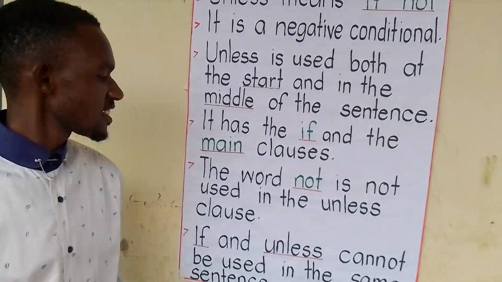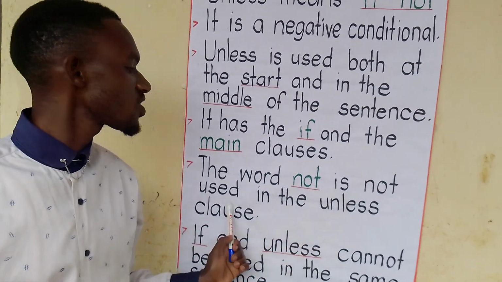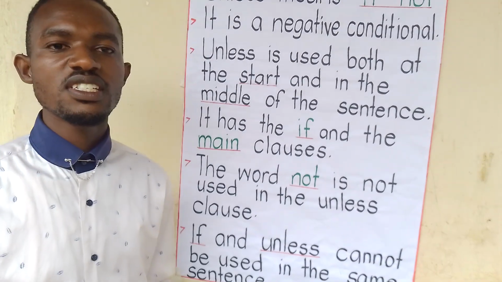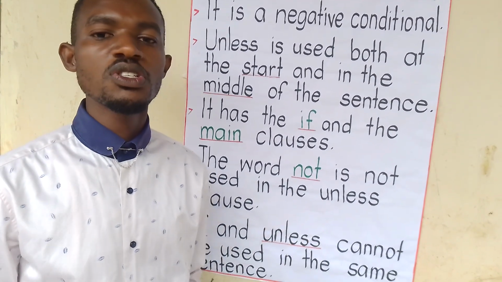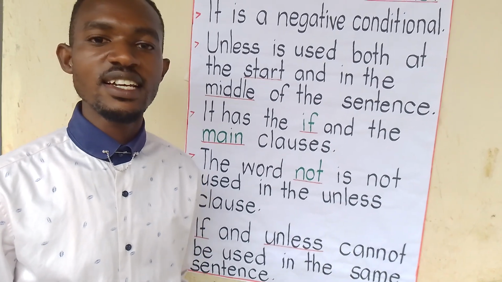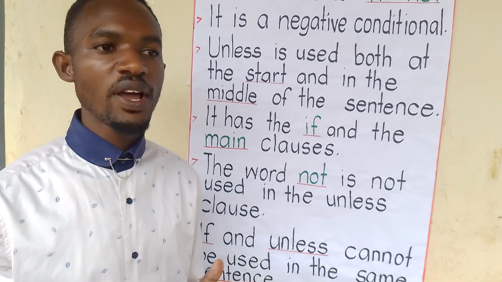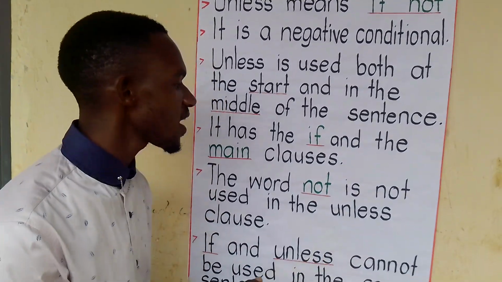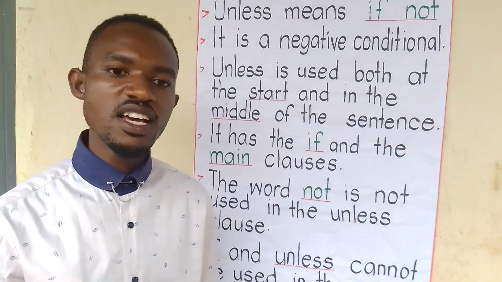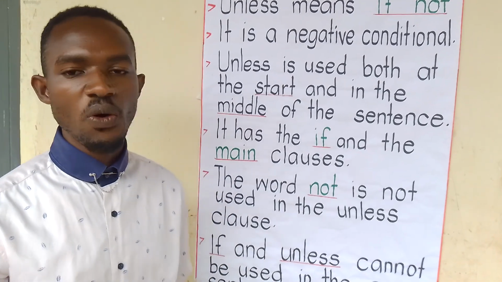Next, the word not is not used in the unless clause. The moment we use unless, we are not supposed to use the word not in the unless clause. The moment you write the word not in the unless clause, definitely your answer will be wrong.